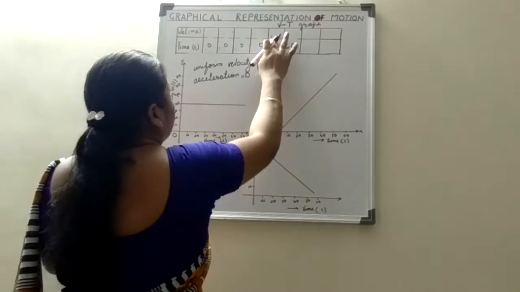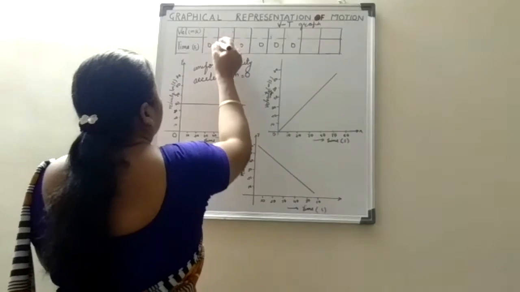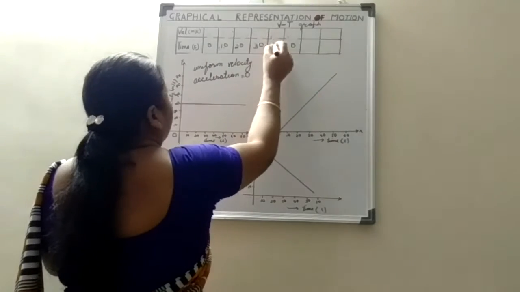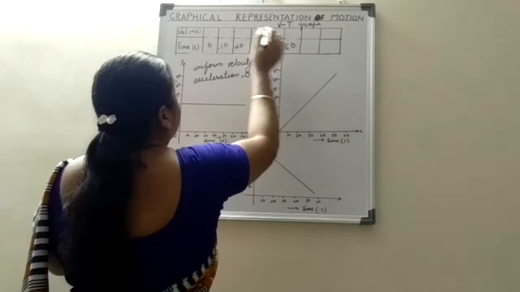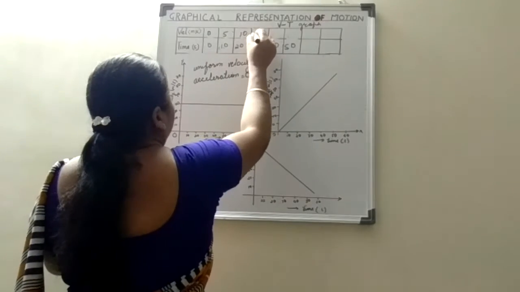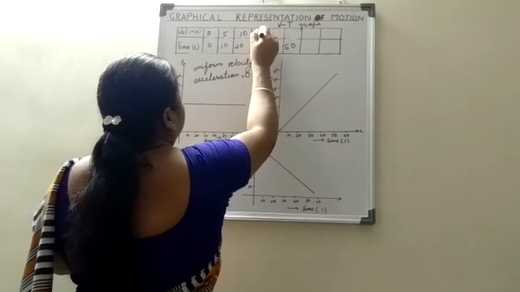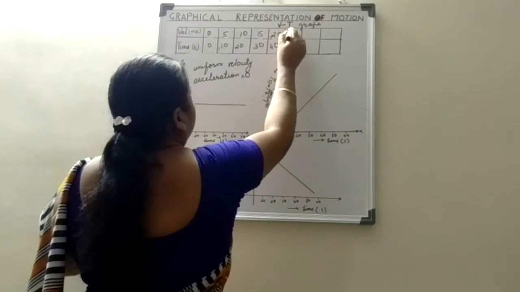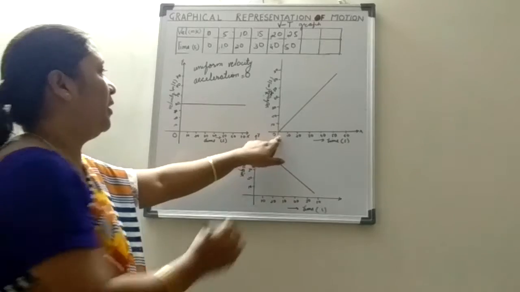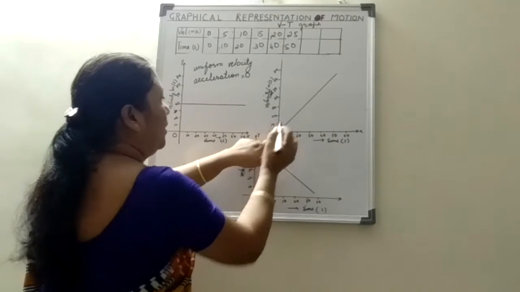Let me change the data: 10, 20, 30, 40, 50 and so on. So this is 0, this is 5, 10, 15, 20, 25. Here 0 means the initial point, the origin.